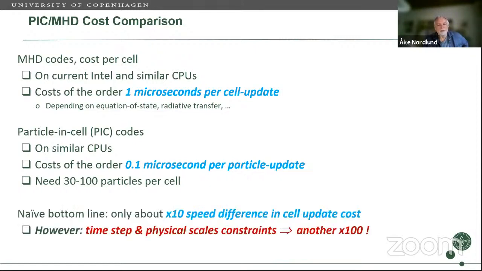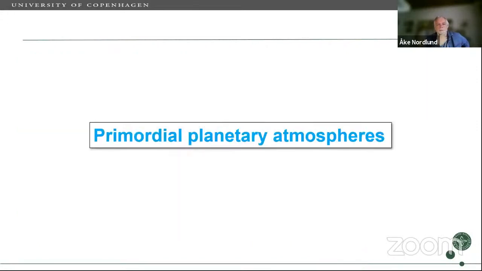So that would seem to indicate just a factor of 10 speed difference between the two. But you also have to take into account that the time step and physical scales are different. So in reality, it's more like a factor of 1,000. So it's expensive, and that's why one can do particle-in-cell simulations in a context, but only in a small fraction of space. And it's only needed in a small fraction of space.